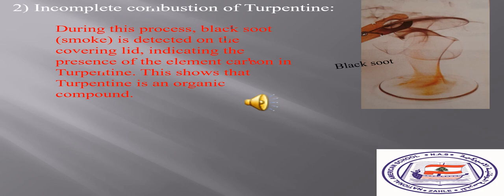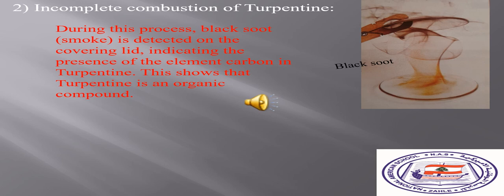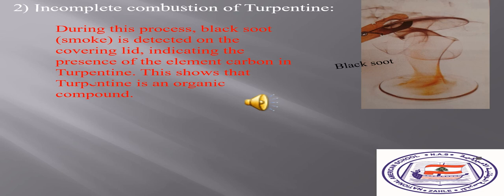But when the combustion is incomplete, which means that the amount of oxygen is limited, in this case, the products are carbon, water, and carbon monoxide. Now, since we have carbon produced and water produced as well in the incomplete combustion, we have the black soot, which is shown in the figure.